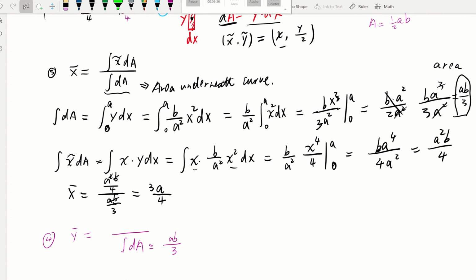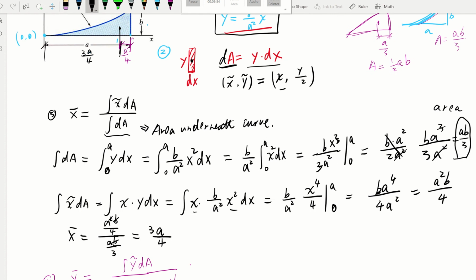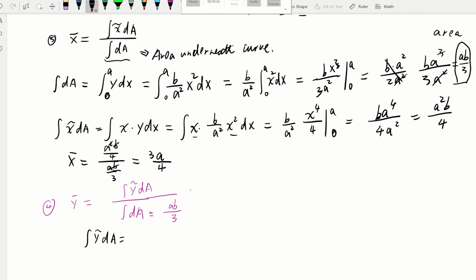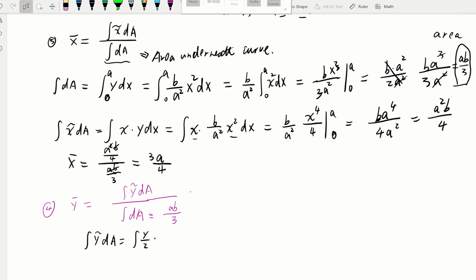Now let's take a look. For this numerator, we will have y tilde dA, right? So now if we were just trying to solve this y tilde dA, our y tilde is y over 2. And our dA is going to be y dx.